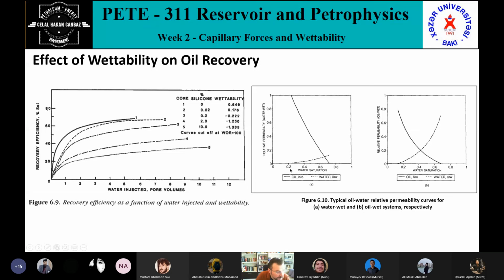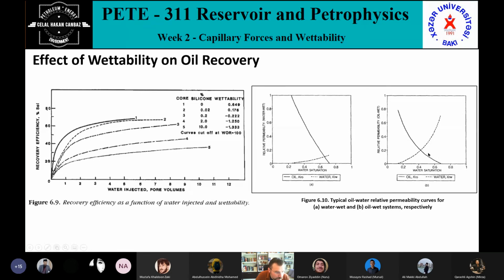For oil displacement, it shows a curve like this. The cross point of these two curves is at 0.68 maybe. Here, the cross point is 0.4445 maybe.